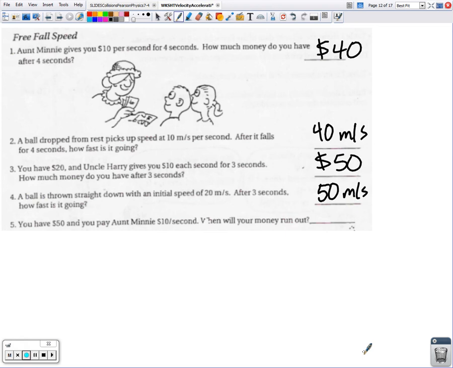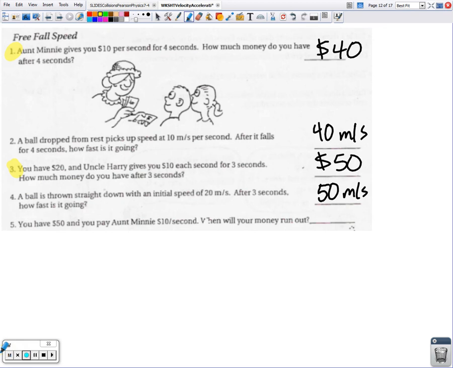Example number 1 and example number 3 with Aunt Minnie and Uncle Harry. Right? In Aunt Minnie's case, you didn't start with any money. But how much money were you gaining? Well, you gained 40 ultimately, but you were getting 10 a second. In Uncle Harry's case, you started with $20, but how much money were you gaining?